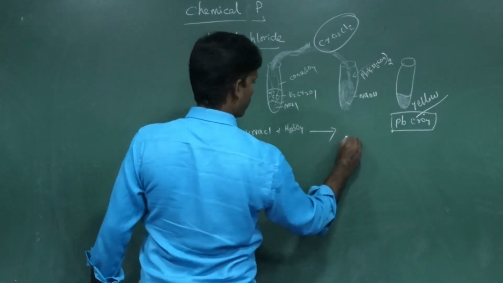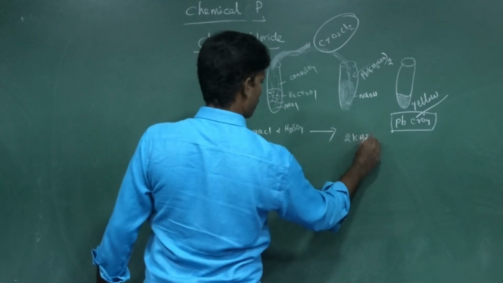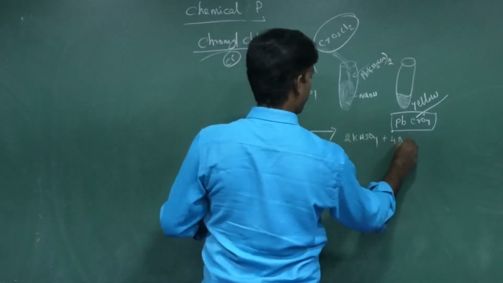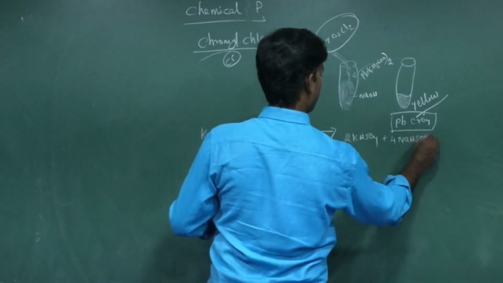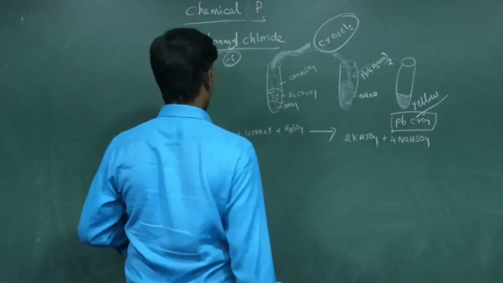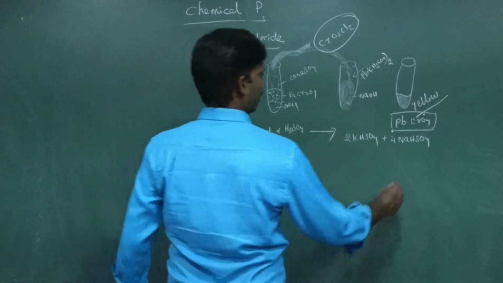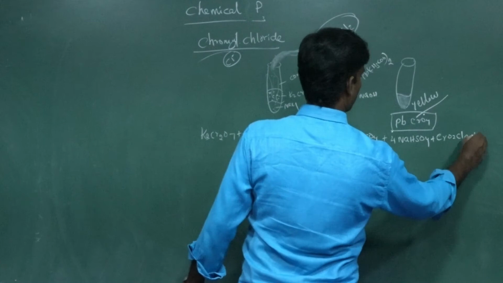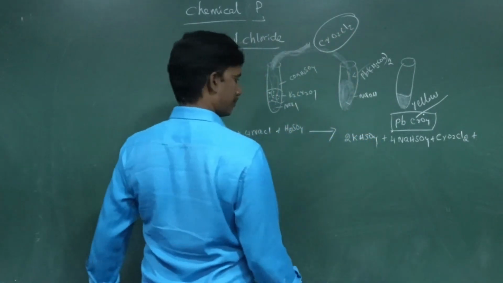I am going to get 2 times potassium bisulfate, KHSO4, plus 4 times sodium bisulfate, NaHSO4, plus chromyl chloride, CrO2Cl2, plus water.